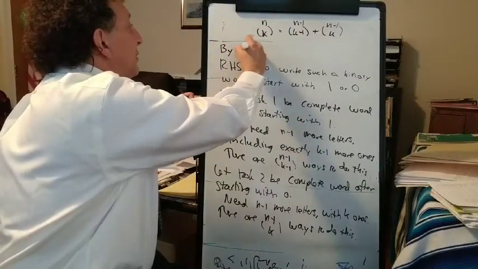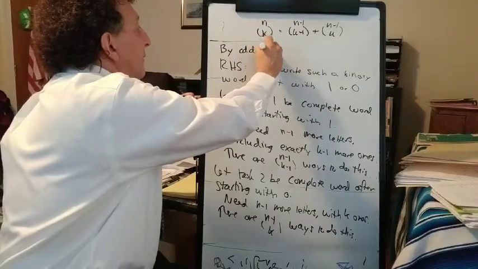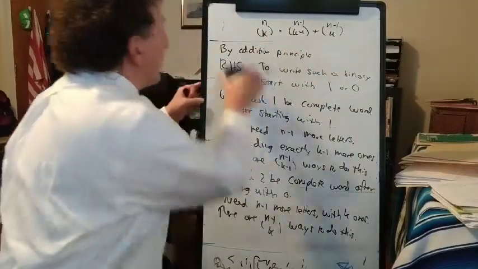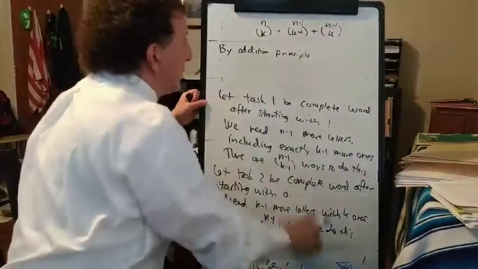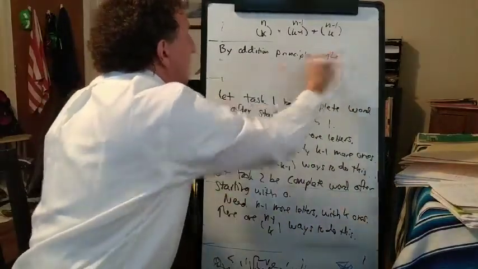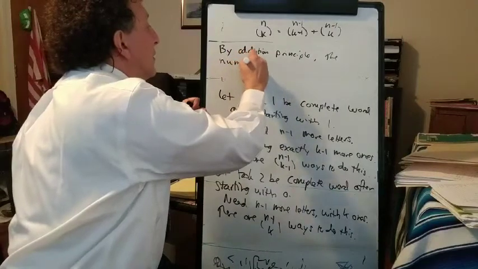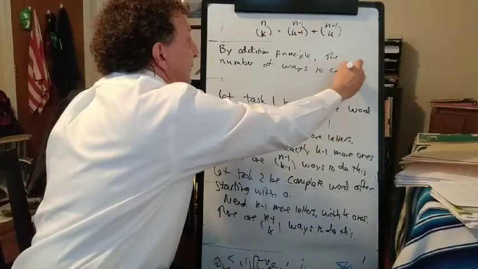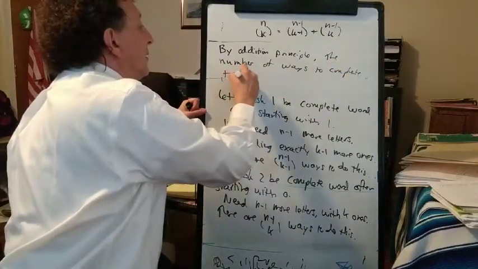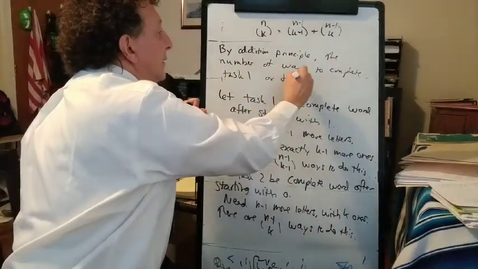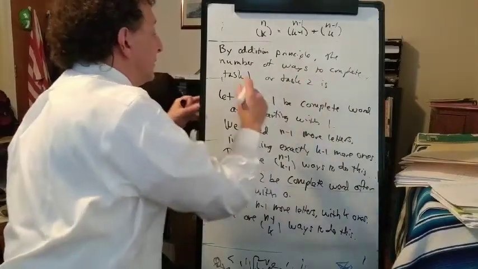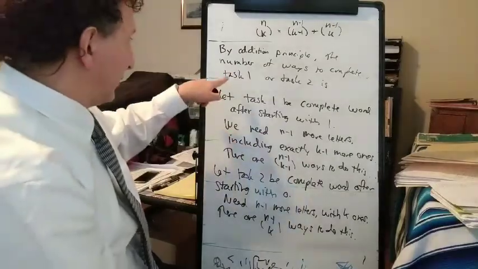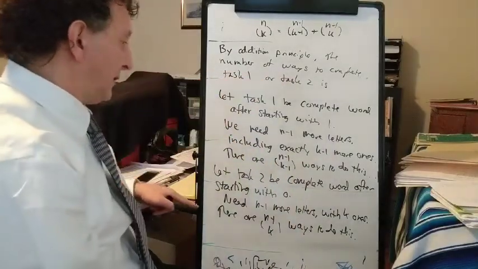And by the addition principle, the number of ways to complete task 1 or task 2 is the sum of the number of ways to complete task 1 plus the number of ways to complete task 2.